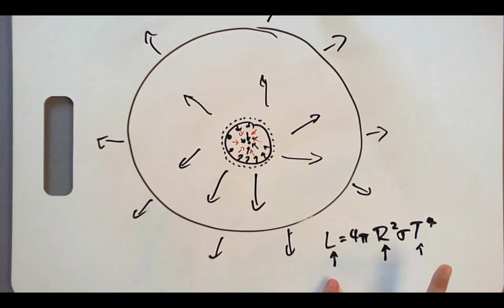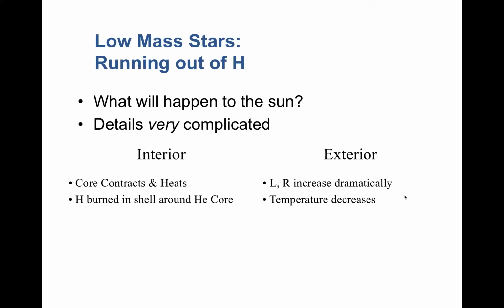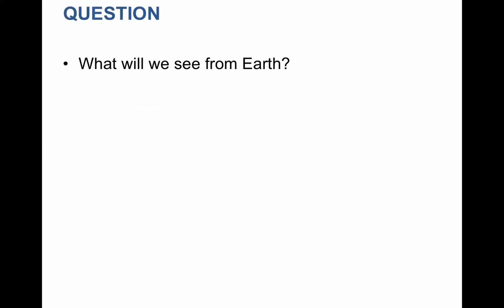And so the surface temperature of the star will generally go down as it gets larger and more luminous in this particular case. So we have the luminosity and the radius increasing, and we have the temperature decreasing. What will we see from the Earth?